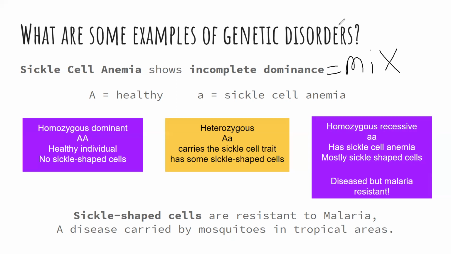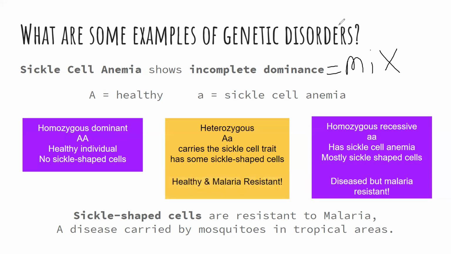But people who have sickle cell are resistant to malaria because the disease piggybacks off of the healthy red blood cells. But since people with sickle cell don't have healthy red blood cells, that malaria cannot survive. So, though they may have sickle cell, they are resistant to malaria.